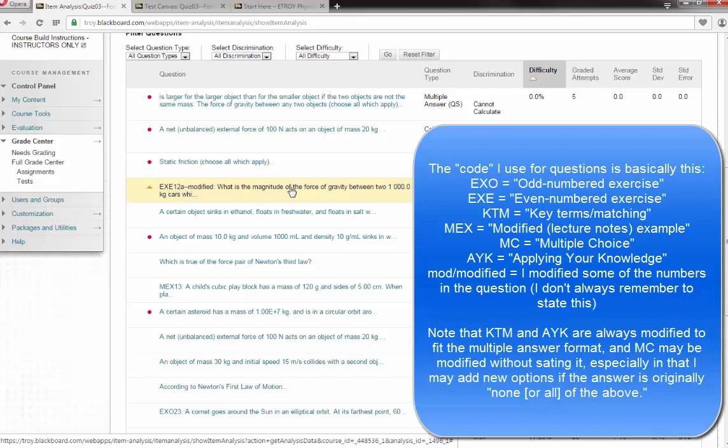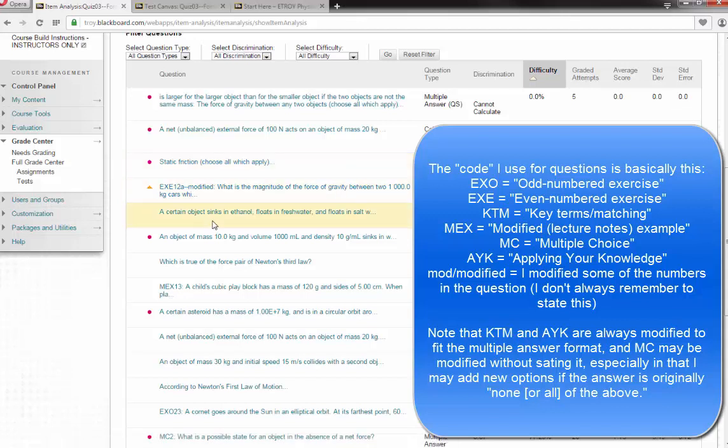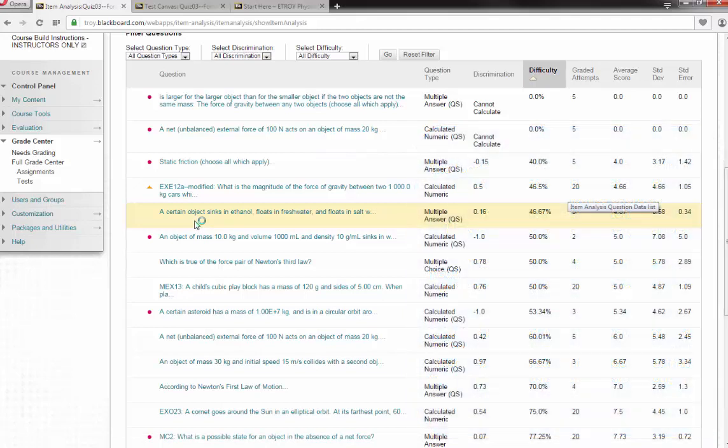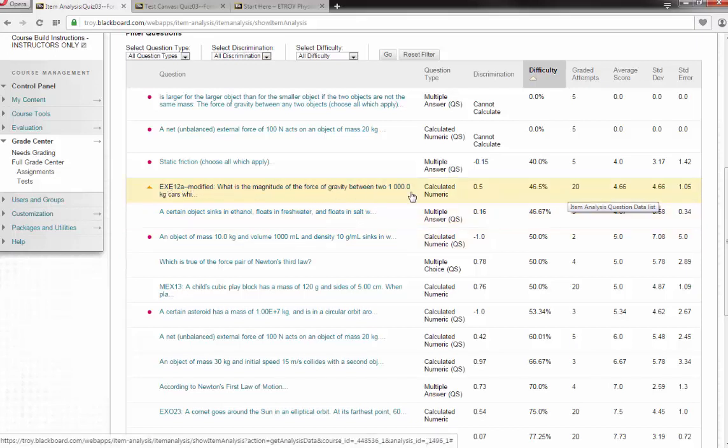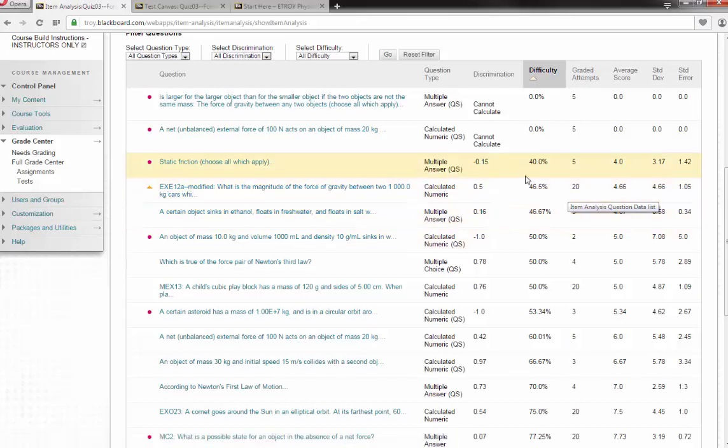This one, the modification in there was in the units. It looked like it threw a few people off a little bit, so it's a good idea in general to read the question carefully and be sure that it really is the same question that you worked on your homework. This is especially true given that many of you are using WebAssign, so the numbers are going to be different anyway. So with that aside, it looks like this is the most frequently missed of the questions that everybody attempted.